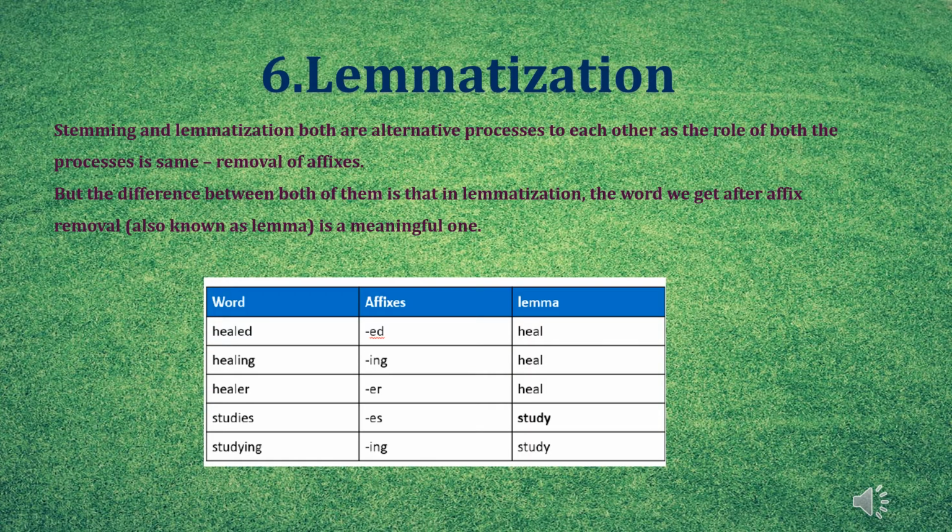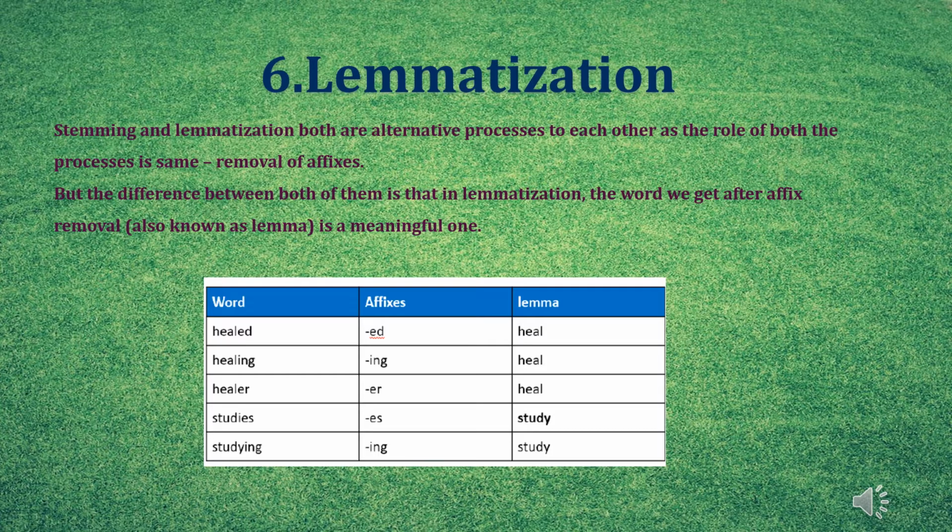The last, sixth step is lemmatization. Stemming and lemmatization are both alternative processes to each other, as the role of both the processes is the same, that is removal of affixes. But the difference between them is that in lemmatization the word we get after affix removal, also known as the lemma, is a meaningful one.